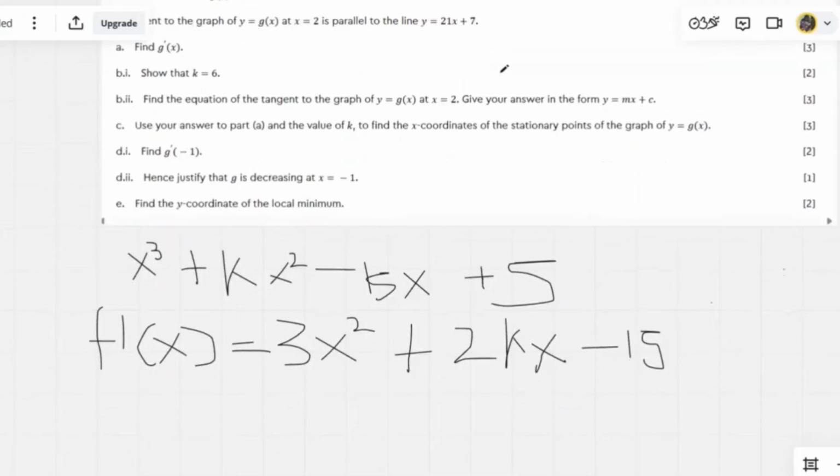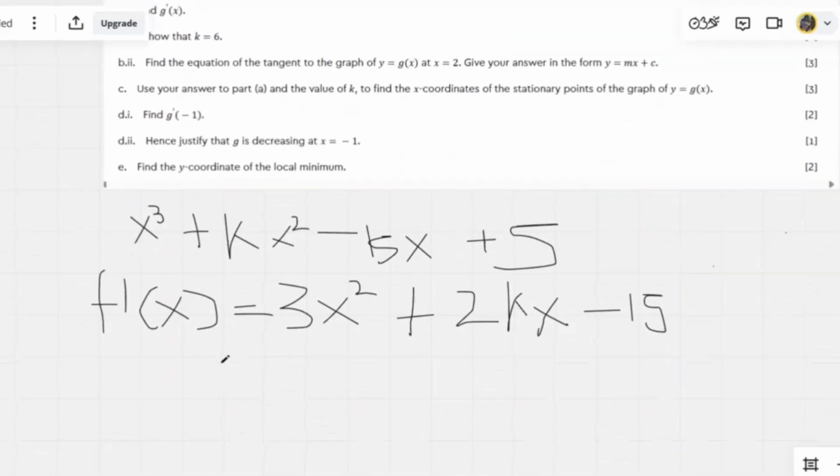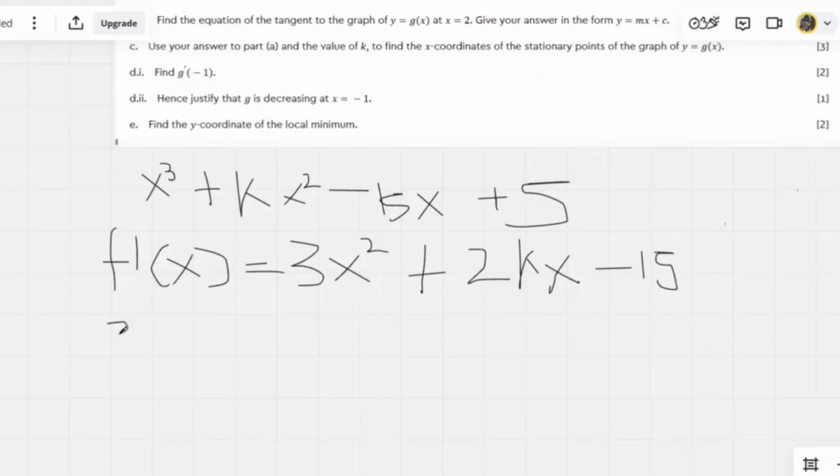So therefore we equate it to 21. 3x squared plus 2kx minus 15 equals 21.